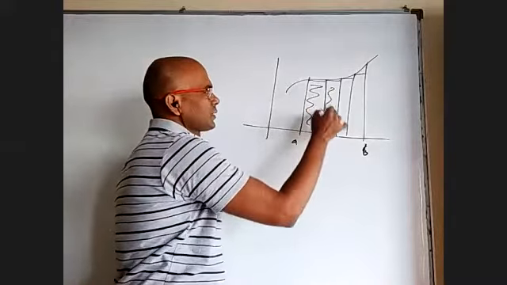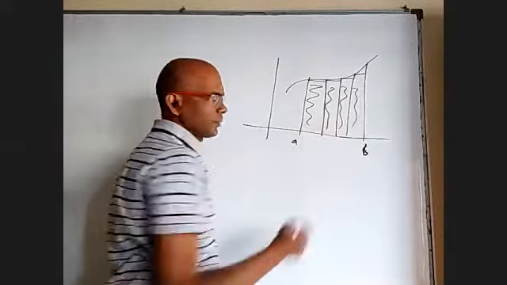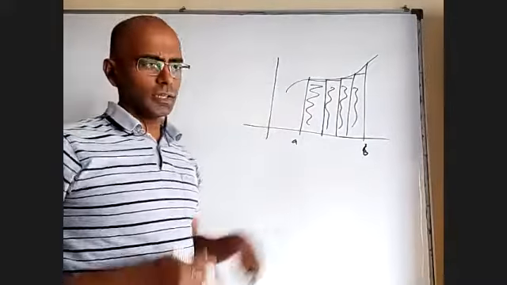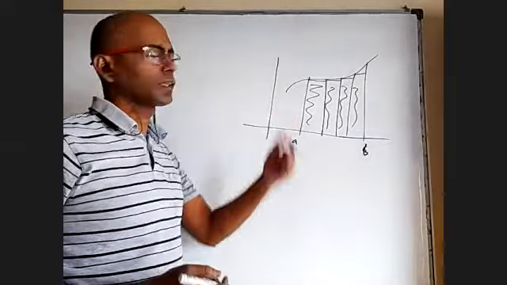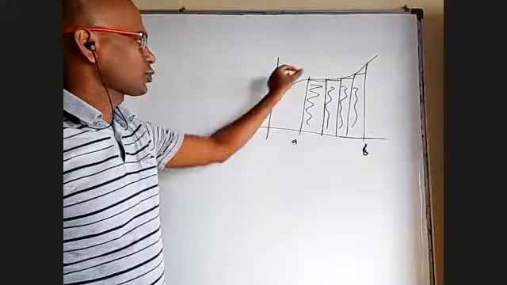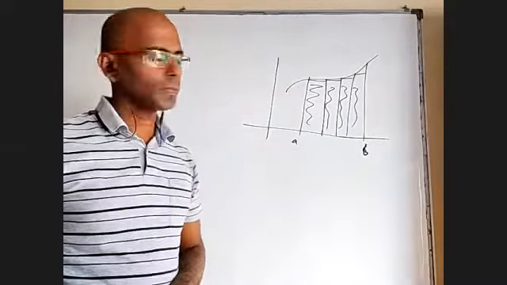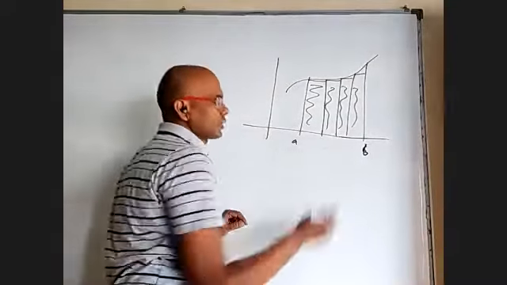Find this area, this area, this area, and this area. You may not get the exact area we needed, but quite close to that. I'm sure if I take more strips, my area will be a little closer. So here I took only 4 strips.